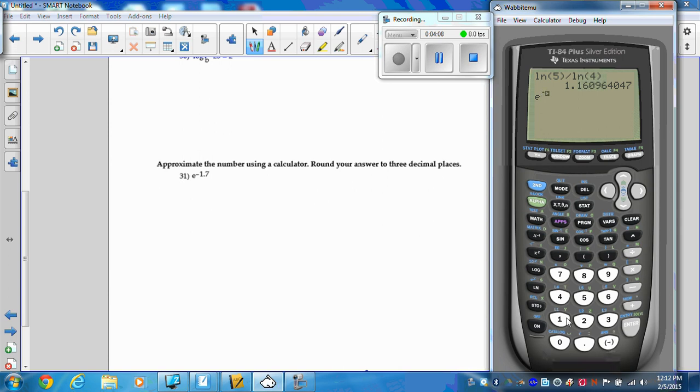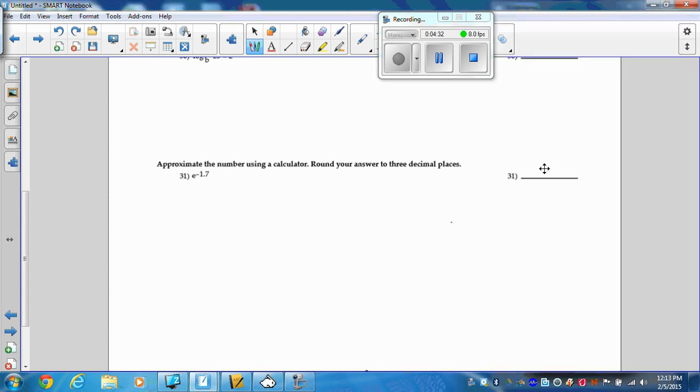And -1.7. So remember that E is a number. We're going to raise it to a negative power, which means we're going to divide by that number. So our decimal, 3 places. And so 0.182 is going to change to 0.183. So we have 0.183.